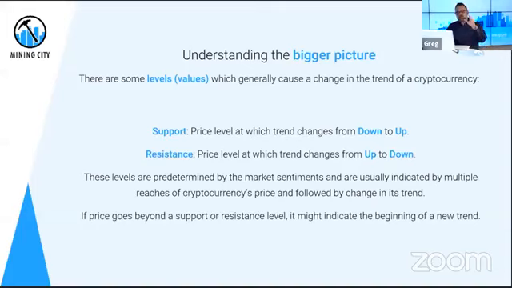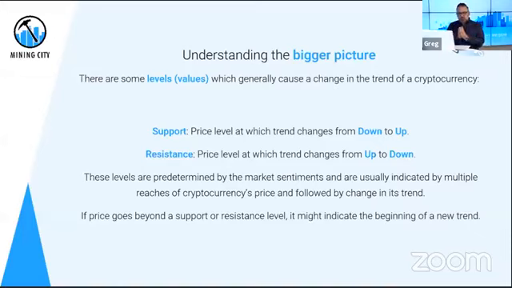When it comes to market technical analysis, there are some levels of value that can cause a change in the trend of the cryptocurrency. There are two levels to be considered. We usually talk about the support level when at a certain price level trends change from down to up. Similarly, we talk about the resistance level when they go from up to down.